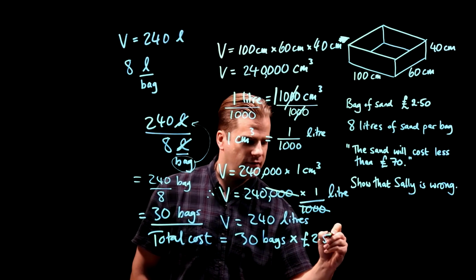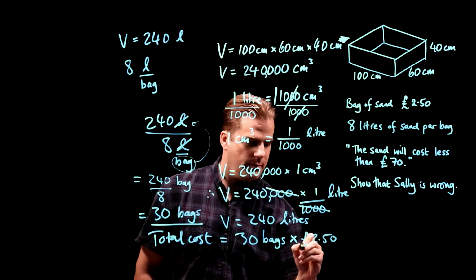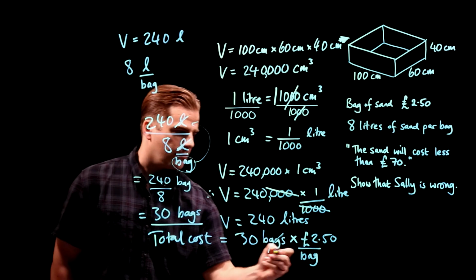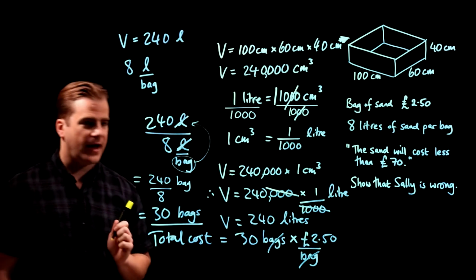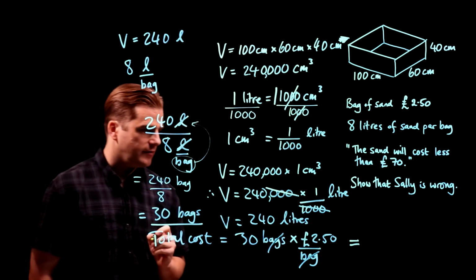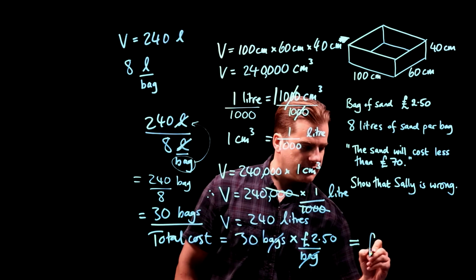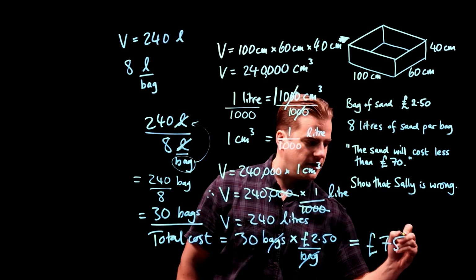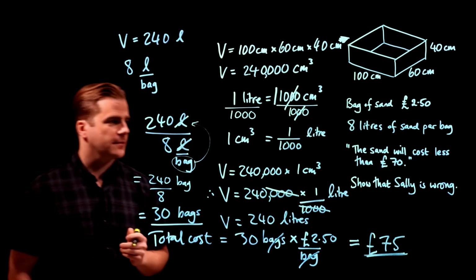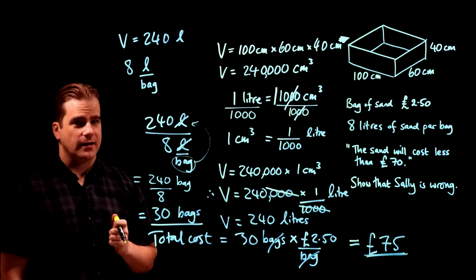Look, bags cancel, we're left with just pounds, which is what we want. So 30 times 250 is 75 quid. So I'm afraid Sally was wrong.